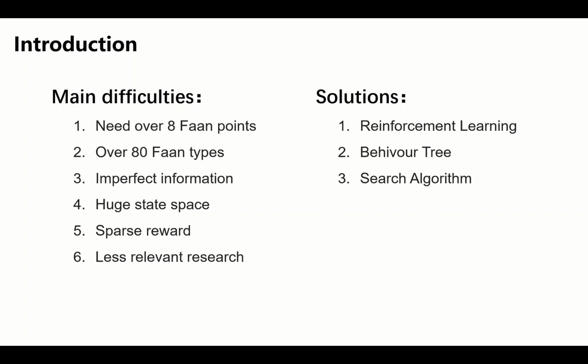Thirdly, it also has a large amount of unknown information, huge state space, and sparse rewards. Finally, the relevant research on its AI is rare. Without any experience, we mainly applied 3 ways to explore the AI. The first one is reinforcement learning, the second one is behavior tree, and the third one is search algorithm.